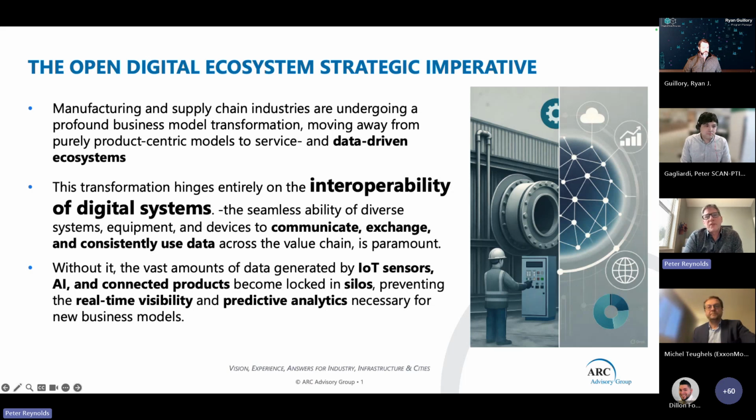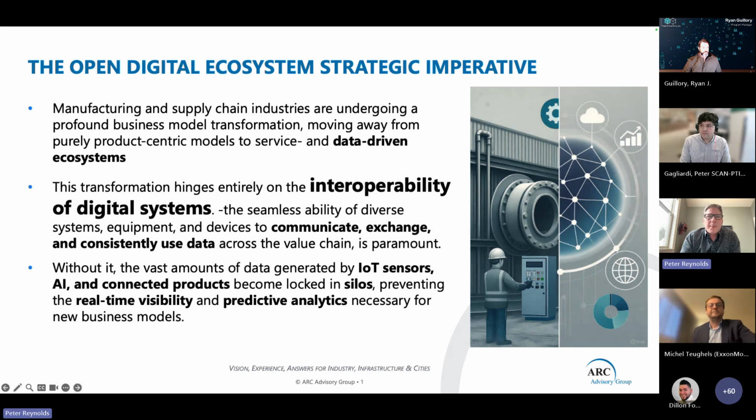And we're seeing a big shift in how this shift occurs, and that's through interoperability of digital systems and the ability to move data across a diverse ecosystem and be able to communicate and exchange both internally and externally with your partners. So more and more we're seeing an increased use of data. That value chain is paramount, and certainly it's enabling new business processes and connecting AI and bringing together silos.